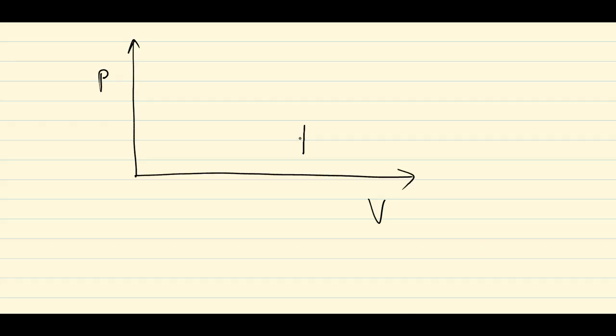So this is one particular part of the cycle. That's obviously an isochoric process, and then maybe I have an adiabatic curve like that. It's adiabatic compression because the volume is decreasing, and maybe I have an isochoric process like this, constant volume.